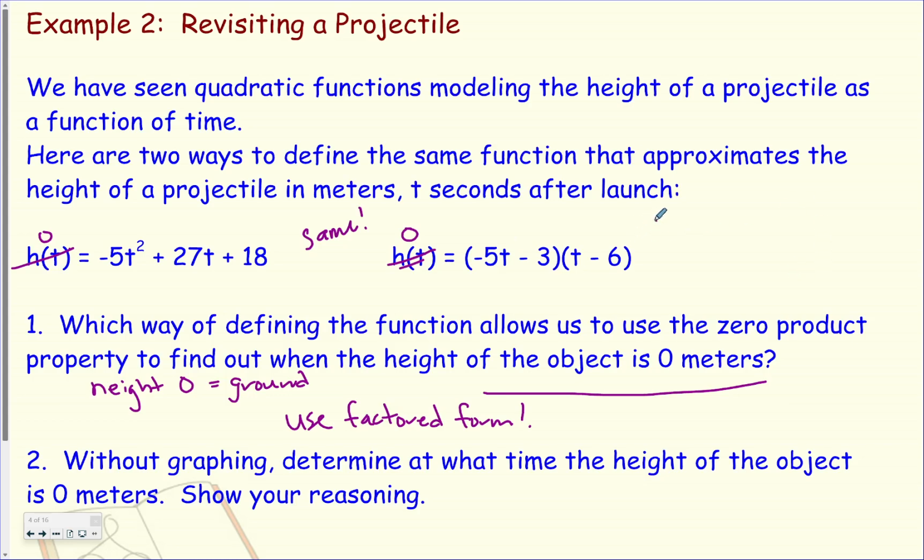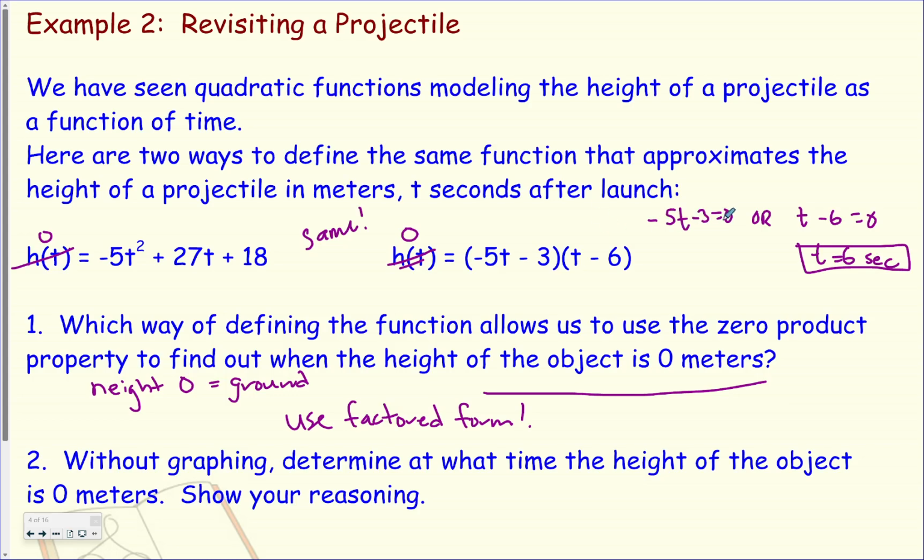So negative 5t minus 3 equals 0, or t minus 6 equals 0. Remember, t stands for time in these equations. Here's the easy one: add 6 to both sides, t equals 6 seconds. But what about this one?